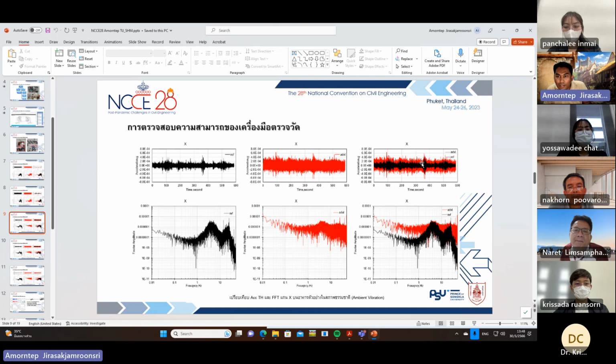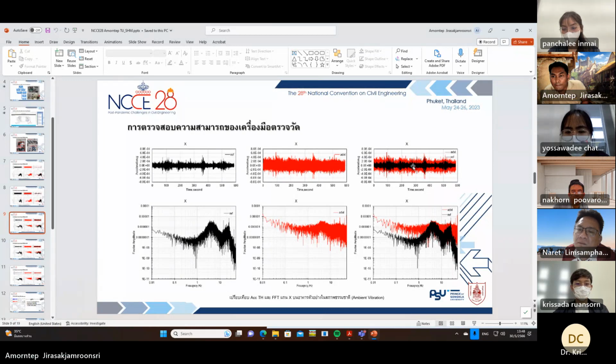You can see the red is from the low-cost sensor. So you can see the limitation of this sensor. If the vibration amplitude is lower than the limitation of the sensor, it cannot detect, but the reference sensor can detect. So that 0.2 mg, is it important?